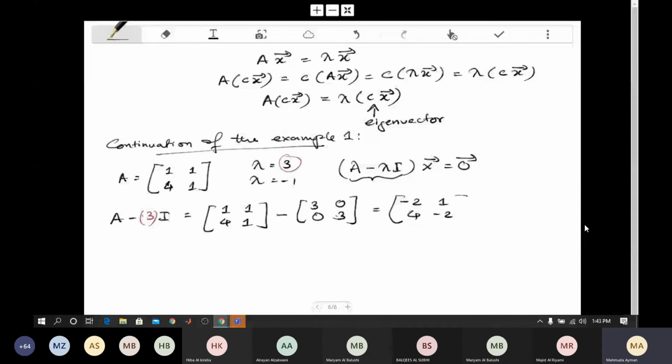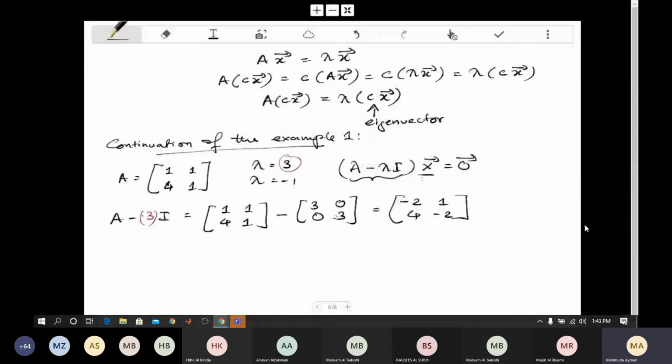Now we have to multiply this one here now to x, which is an unknown vector. So let's say x vector is equal to x1 and x2.